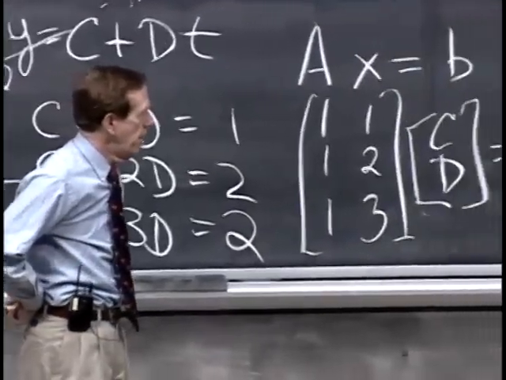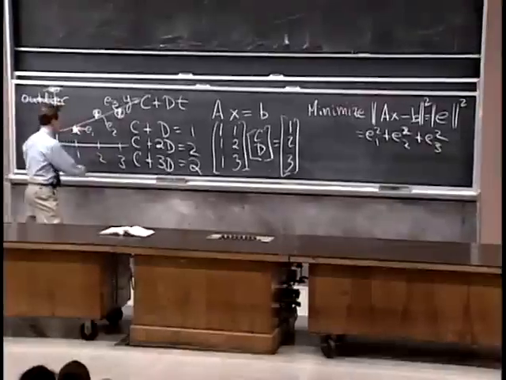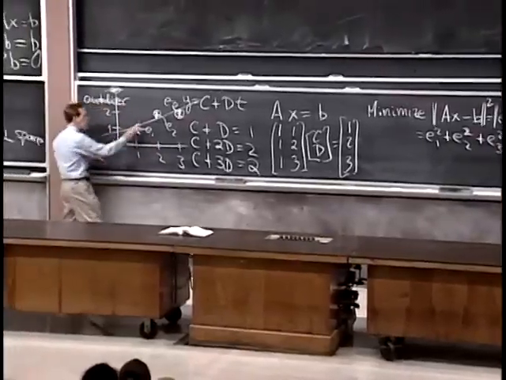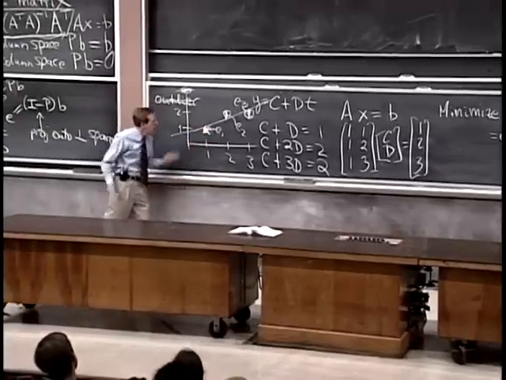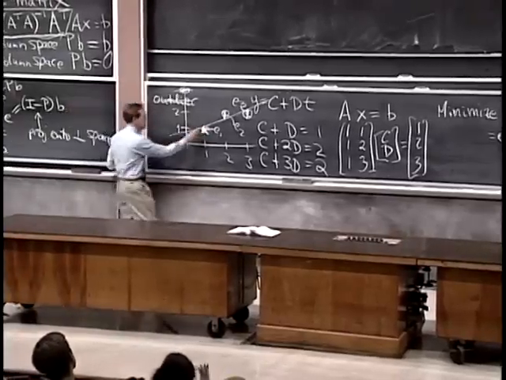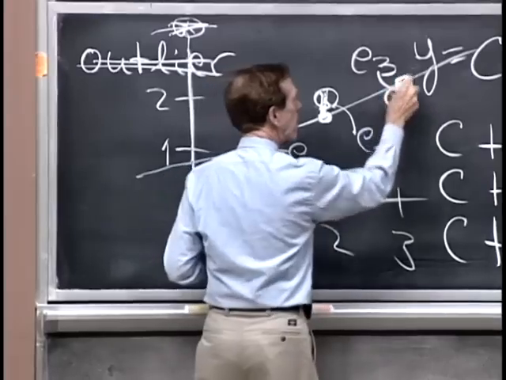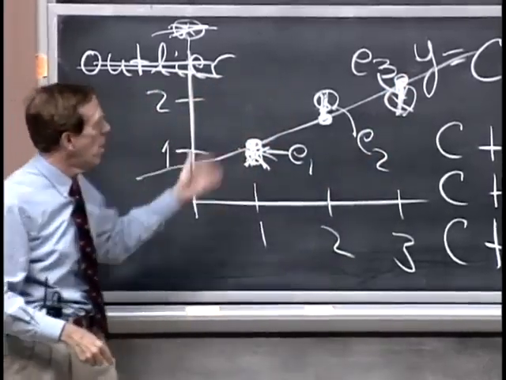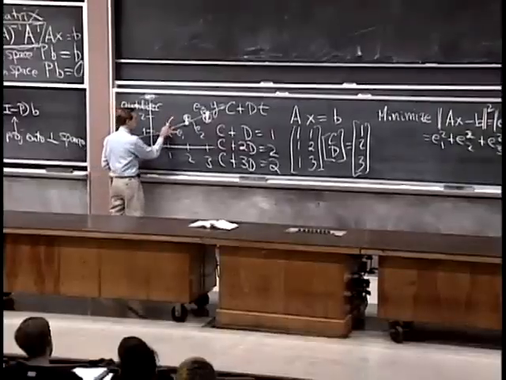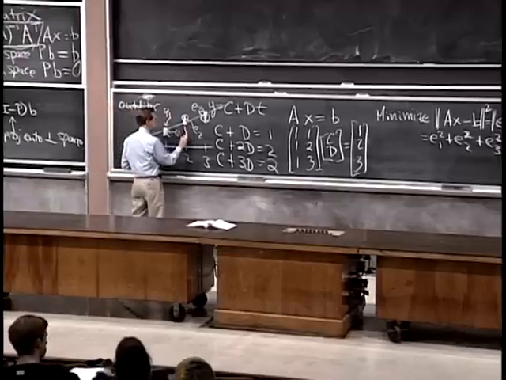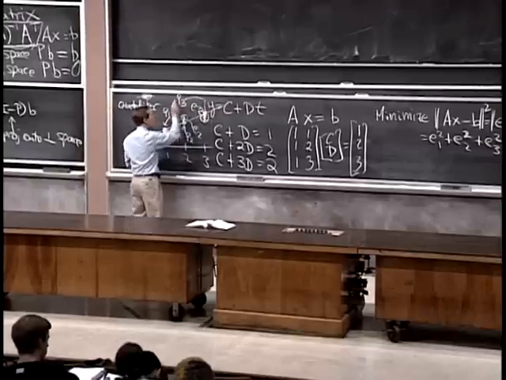Okay. Now, what I said is there are two pictures to look at. One picture is this one, the 3 points, the best line, and the errors. Now, in this picture, what are these points on the line, the points that are really on the line? Let me call them P1, P2, and P3. Those are three numbers. So this height is P1, this height is P2, this height is P3.